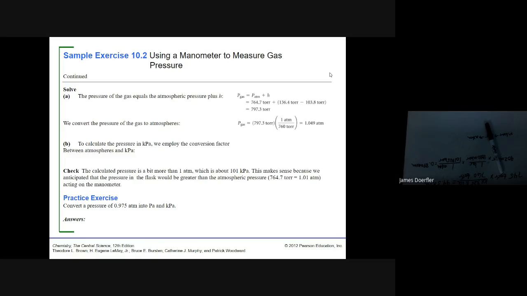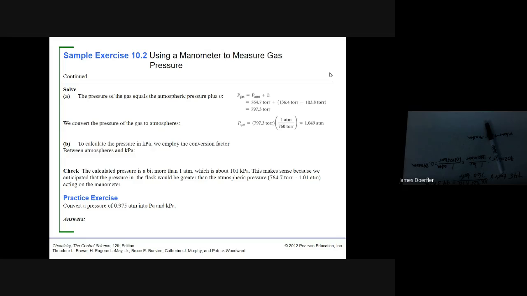The other part says we need to go from our units to kilopascals. And you can do this a couple different ways. You can use the same answer you just calculated, or you can go back and use the answer you initially calculated. Doesn't matter.